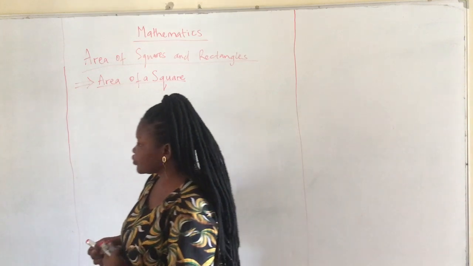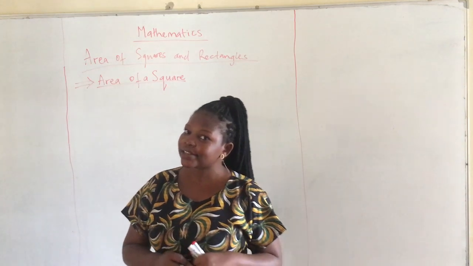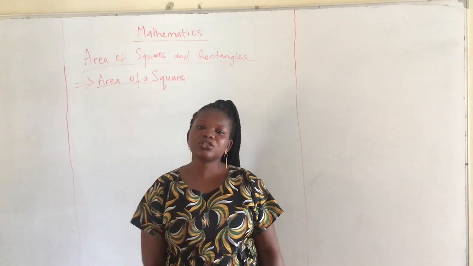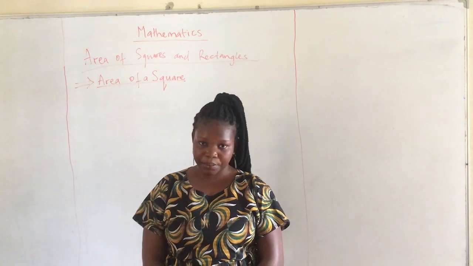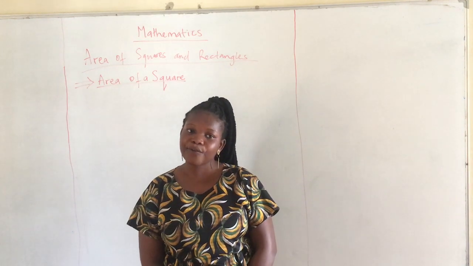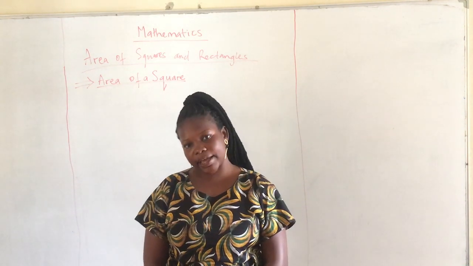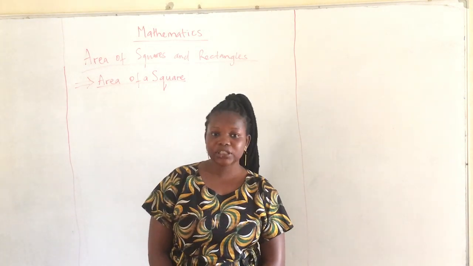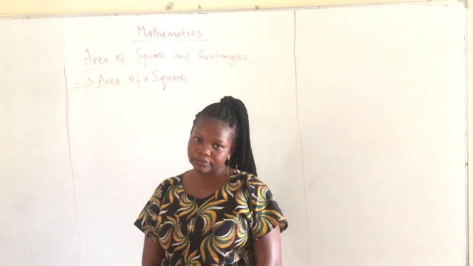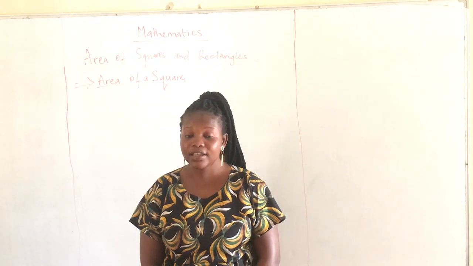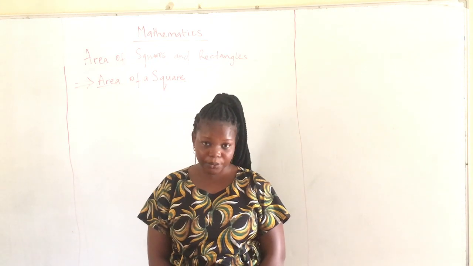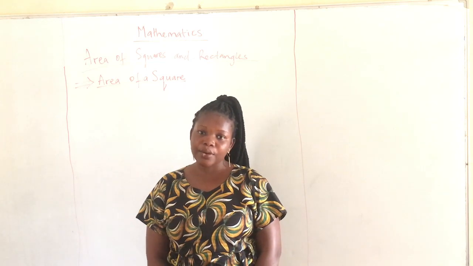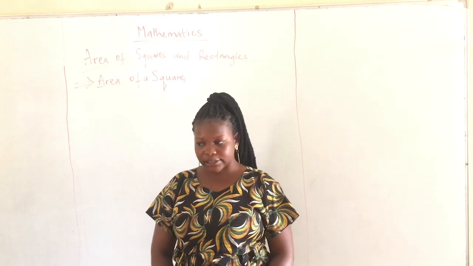Okay. And let's not forget that a square is a two-dimensional shape which has 4 equal sides measured in length.